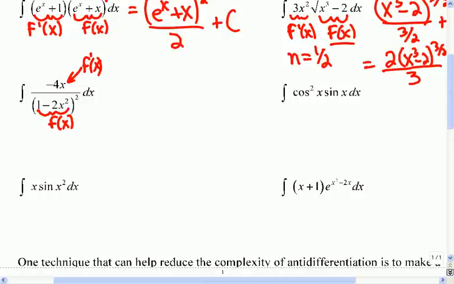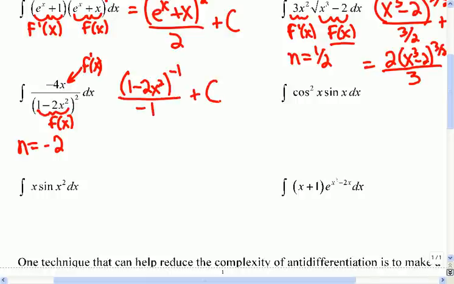Good. Be careful. This time the exponent is -2. Okay, so if I rewrite this, it's going to be my function 1 higher. So that'll be 1 minus 2x squared. 1 higher would be -1 divided by -1. So most likely we would write this as -1 over 1 minus 2x squared plus a constant.